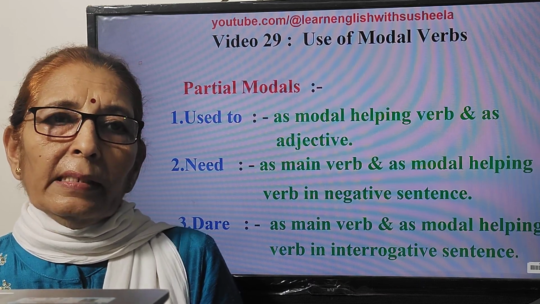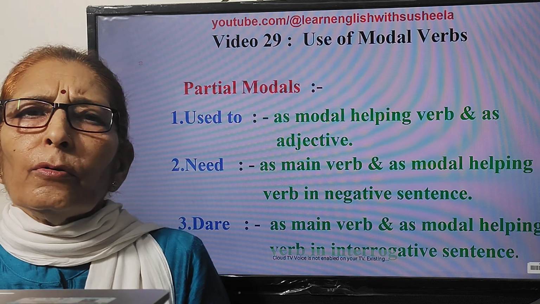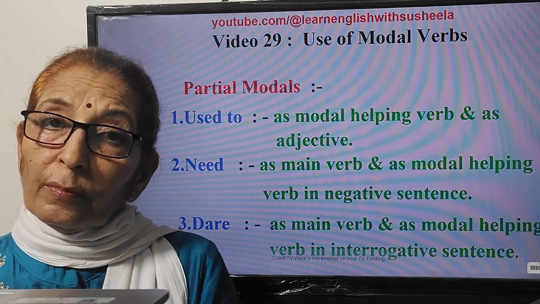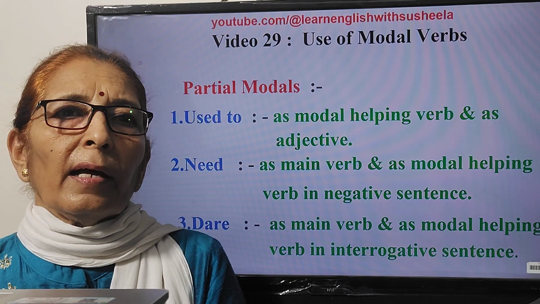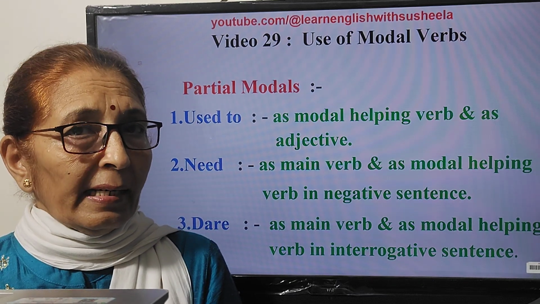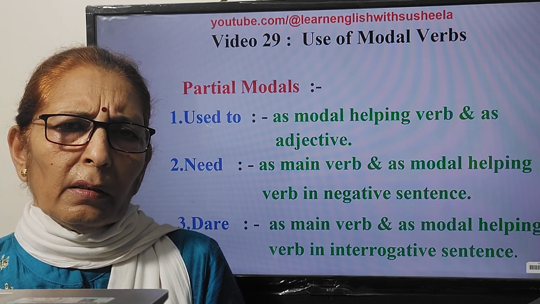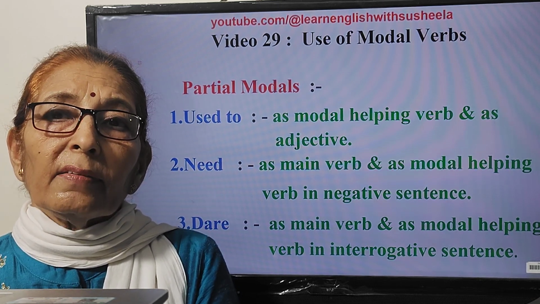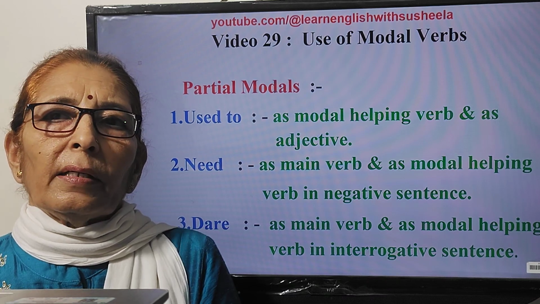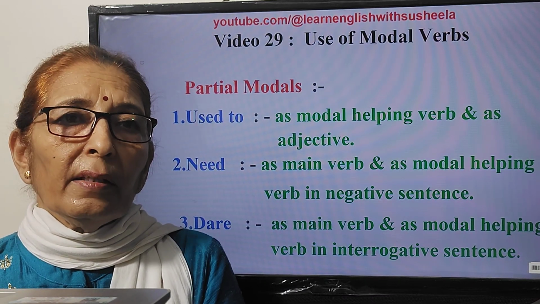Now need. Need is used as a main verb, just as I don't need your help. This is the main verb here. But we use it as a modal or helping verb also in a negative sentence. Just as you need not worry about me, I'll help myself. That need not, that is a modal helping verb. Same way dare is also used as a main verb.